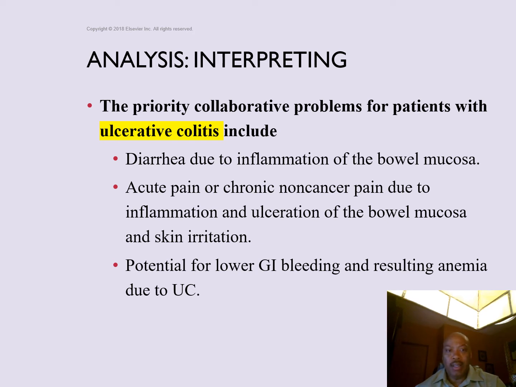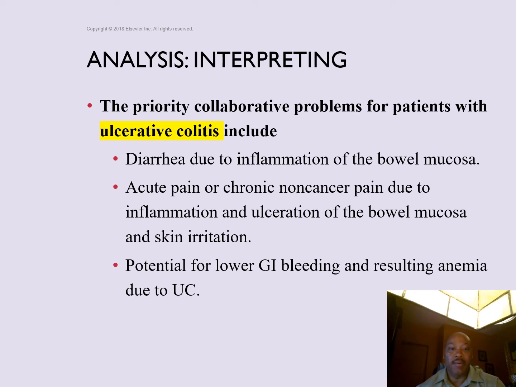When we talk about priority collaborative problems for patients with ulcerative colitis, these would include diarrhea due to inflammation of the bowel mucosa. There's acute pain or chronic non-cancer pain due to inflammation and ulceration of the bowel mucosa, and skin irritation.